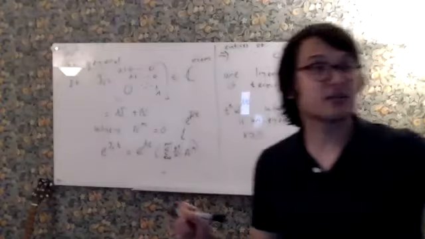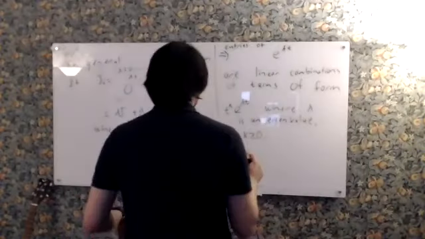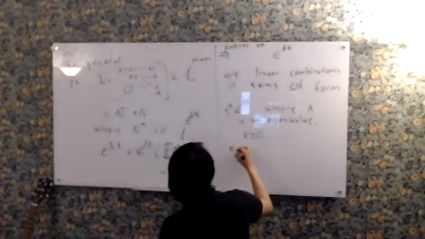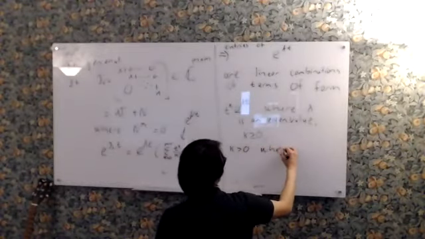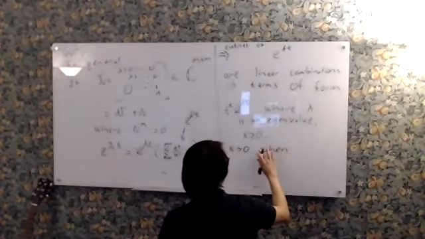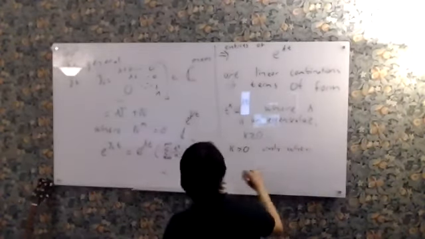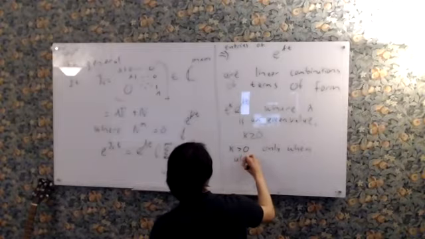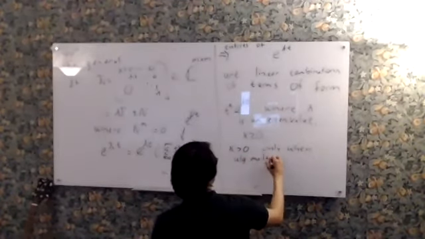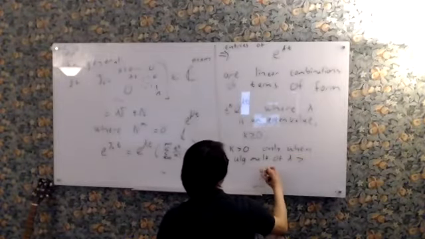And the other thing that we have, which is only important in the case when we have an eigenvalue with 0 real part, is that k is only greater than 0 when the algebraic multiplicity of lambda is strictly greater than the geometric multiplicity.